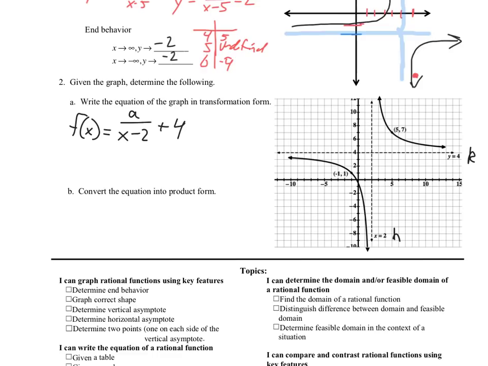Now we substitute in a value to figure out what a equals. So I'm a little bit small on space here, so I'm going to get this one started. 7 equals a over 5 minus 2 plus 4. So doing this, I'm going to get 3 equals a over 3, and then that means that a equals 9, and now my 9s and 3s look a little bit equal.